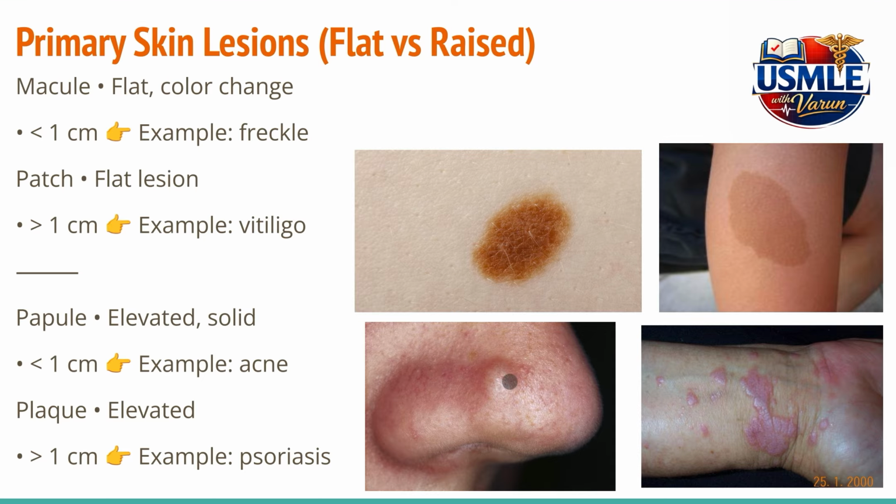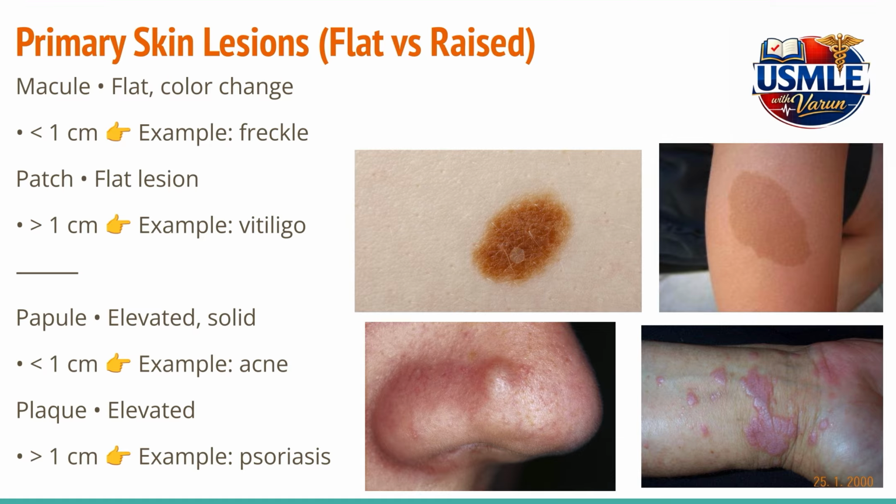There are a few examples of primary skin lesions, which include macule, patch, papule, and plaque. A macule is nothing but a flat skin lesion associated with a color change, and this is generally less than 1 centimeter, whereas a patch is also a flat lesion, but it's characteristically greater than 1 centimeter in size.